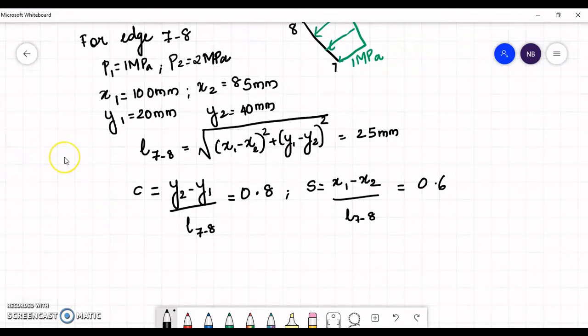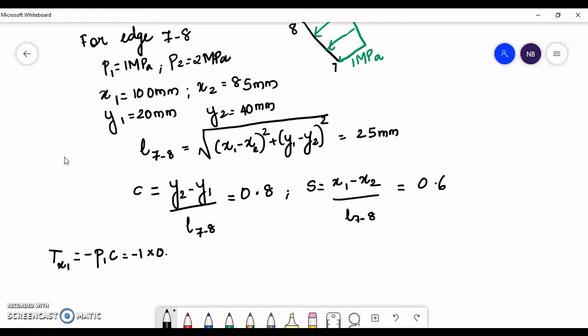Next, we find out Tx1, which is given by minus P1 into C. Substituting for P1 as 1 and C is 0.8, we get minus 0.8 megapascals.